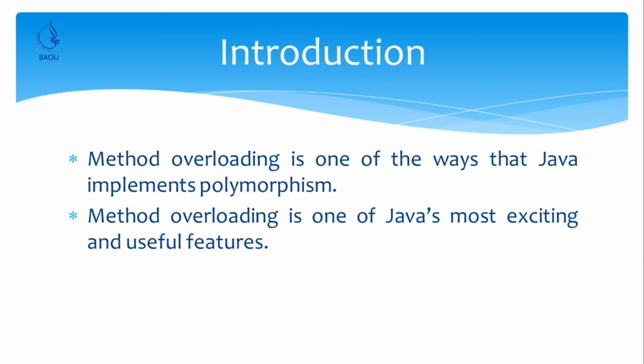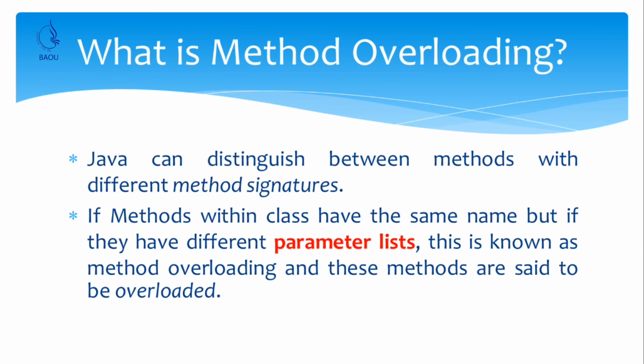Now, we define what method overloading is. Java can distinguish between methods with different method signatures. The prototype for a method is called a signature in Java.